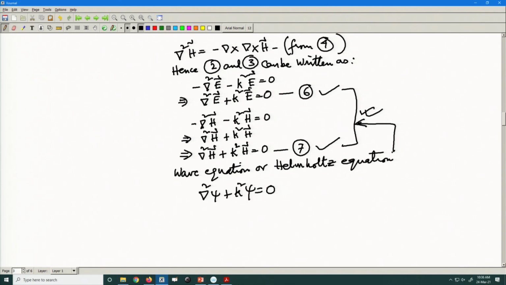So, as we said, if the medium is a perfect dielectric, y cap is j omega epsilon and z cap is j omega mu.